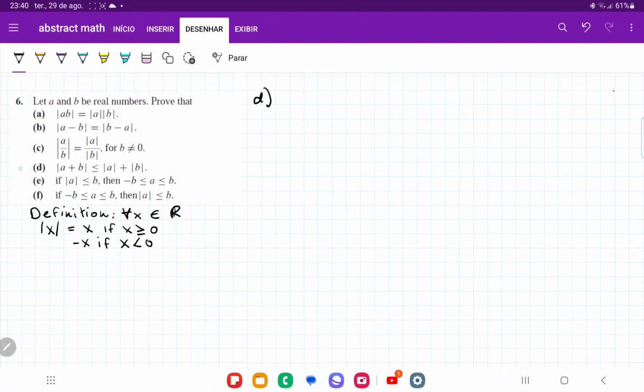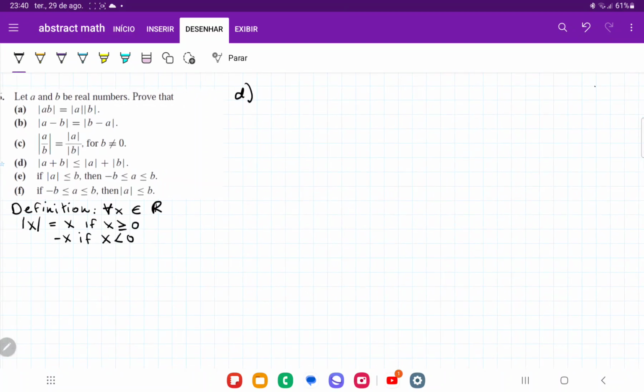For D, once more, we're going to show the different cases depending on whether they are positive or negative. And so we're going to have case 1 where A is less than 0 and B is greater than or equal to 0. And in this case, we're showing it without loss of generality.